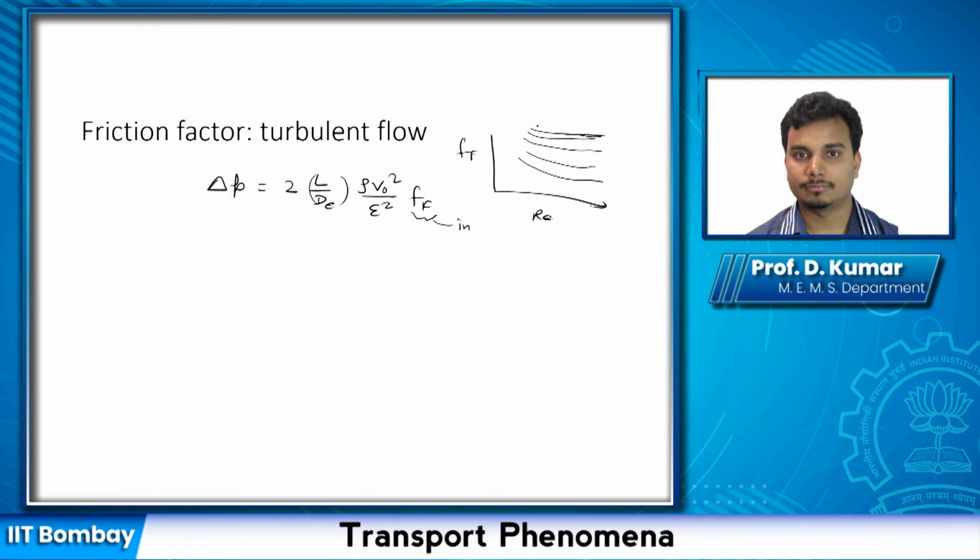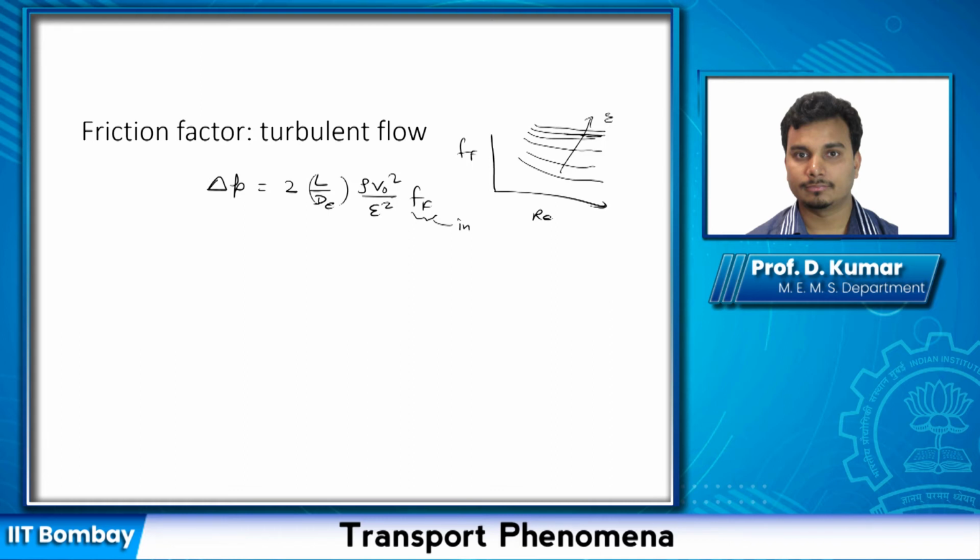So it is a horizontal line here. The roughness was indicated by epsilon; again, don't be confused. As you increase the roughness, the friction factor becomes constant and doesn't change with Reynolds number for turbulent flow.